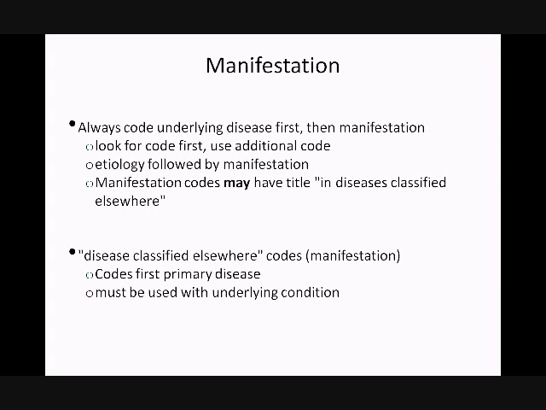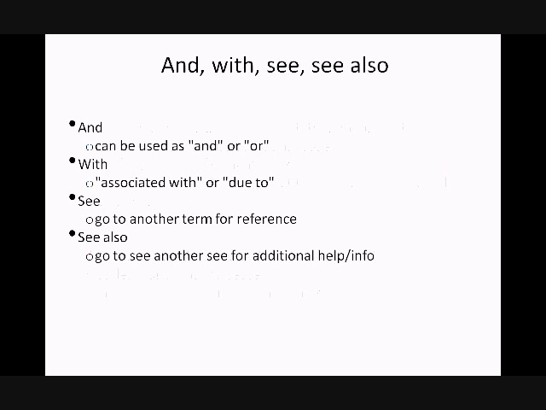So never ever code disease classified elsewhere as a primary code. It is there to serve the purpose of a disease elsewhere. Going back to the diabetes and the neurological manifestation, you may have a neurological manifestation code, but that code is specifically being used for a diabetic. That means you cannot code that neurological manifestation without first coding the diabetes code. So that's how that will work.